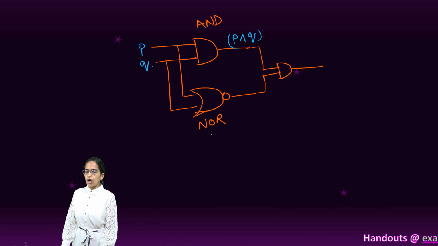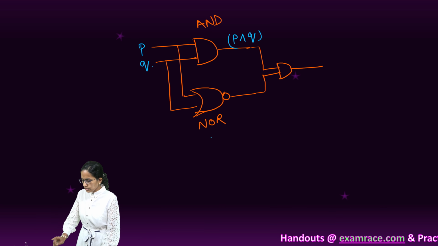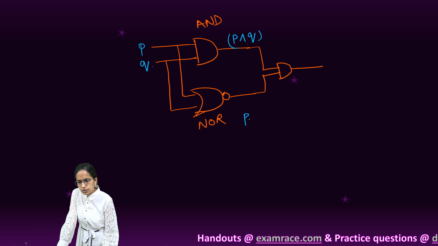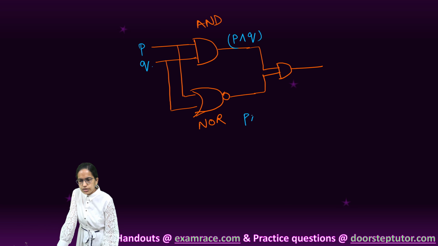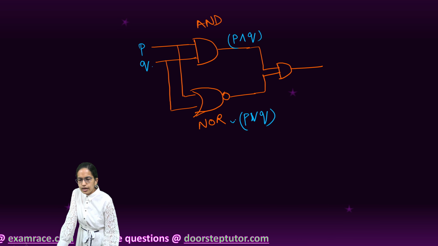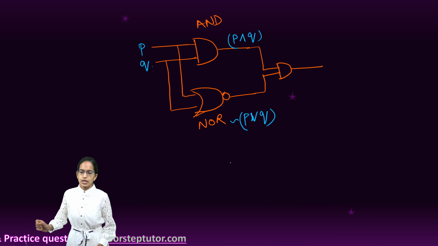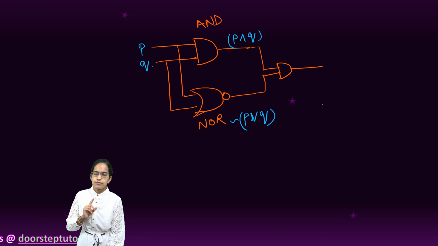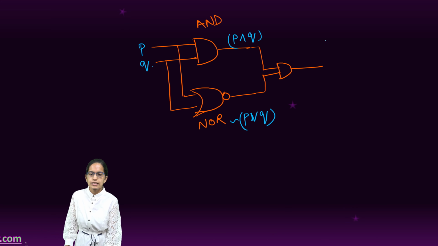For the second one, it is NOR. When it is NOR, how would I denote it? It is first of all OR, which is P or Q, and then an inversion, a NOT of it. Now I again connect it with the AND gate. So how would my result be?